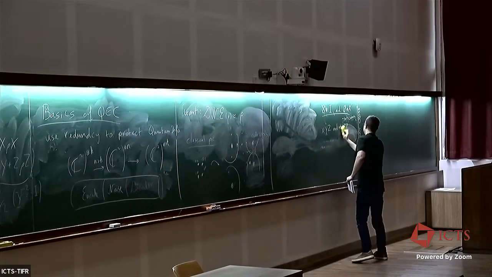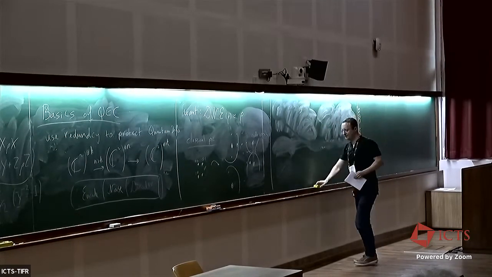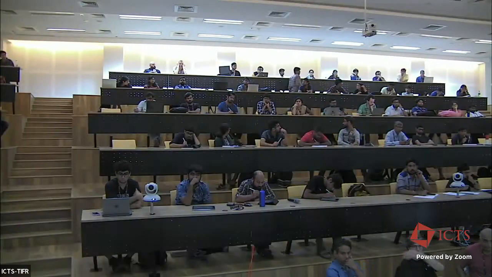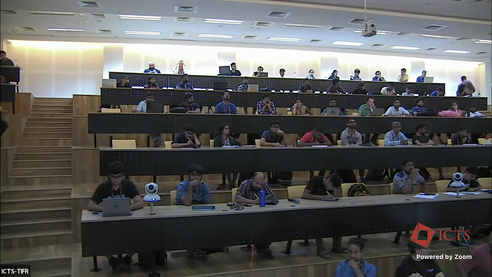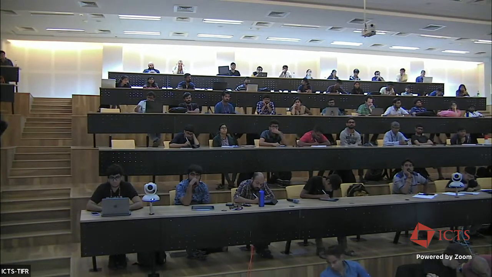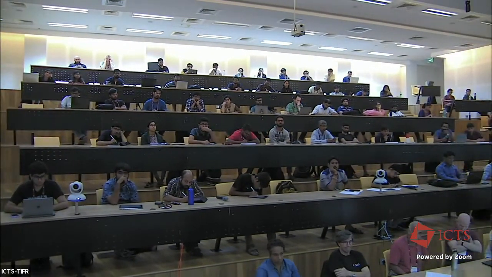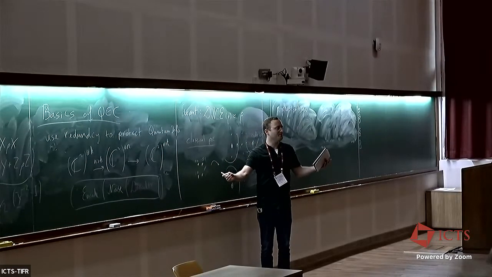So the common nomenclature in the field is to call the number of logical qubits... Sorry, I have a question. Yes. So I didn't understand the picture you are drawing here. What I try to draw here is, here you have a space that has 4 possible states.